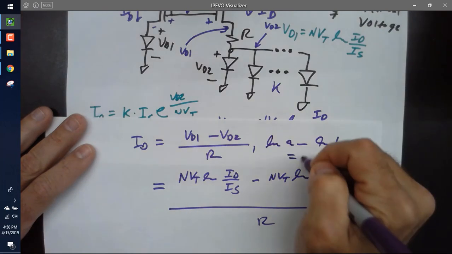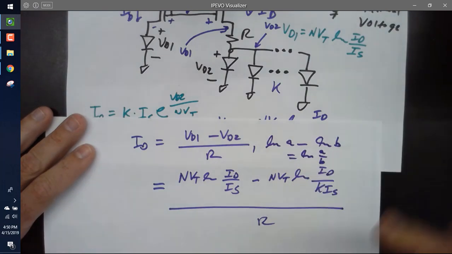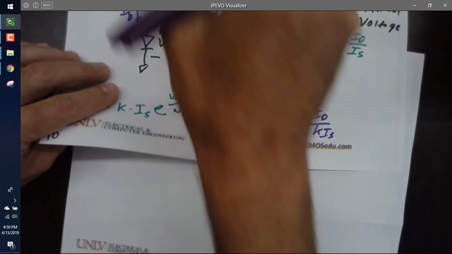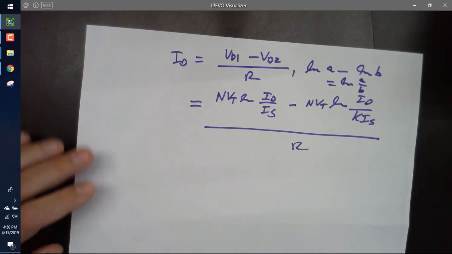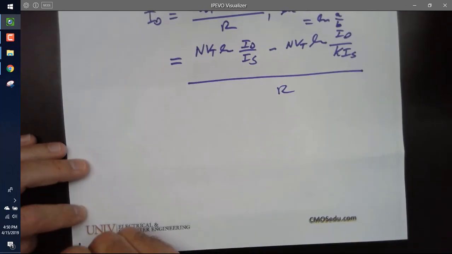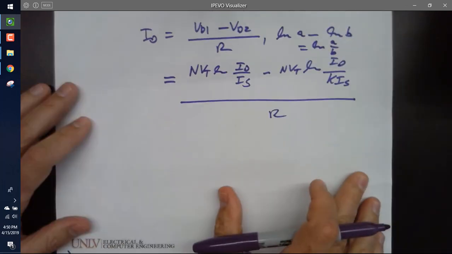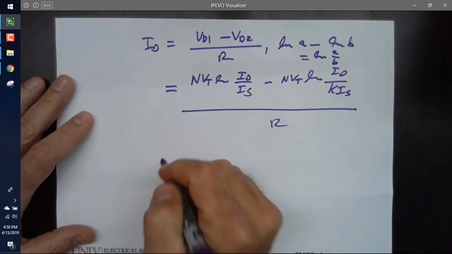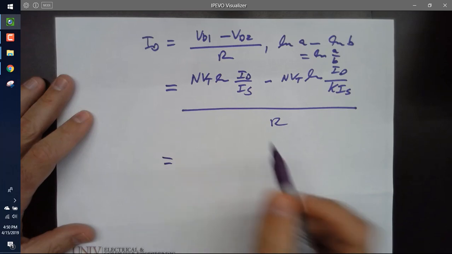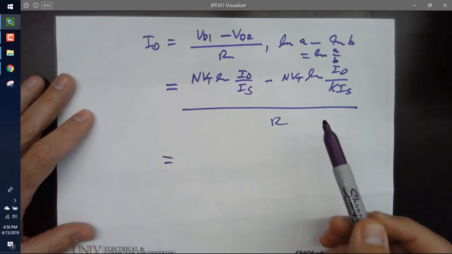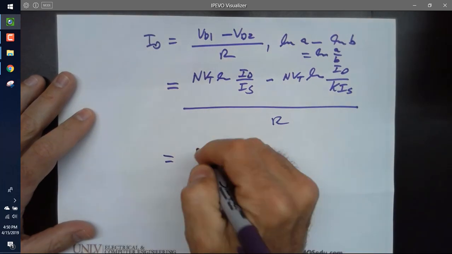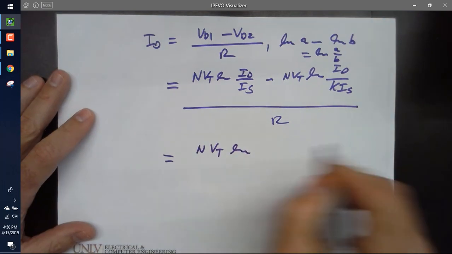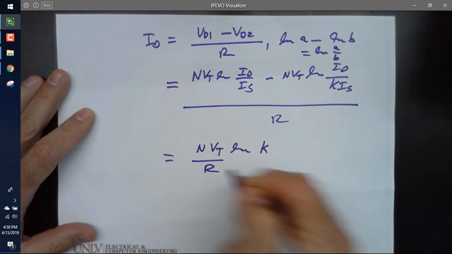All right. That's high school level, isn't it? So if I do that, what do I end up getting? I end up getting NVT natural log of K over R.